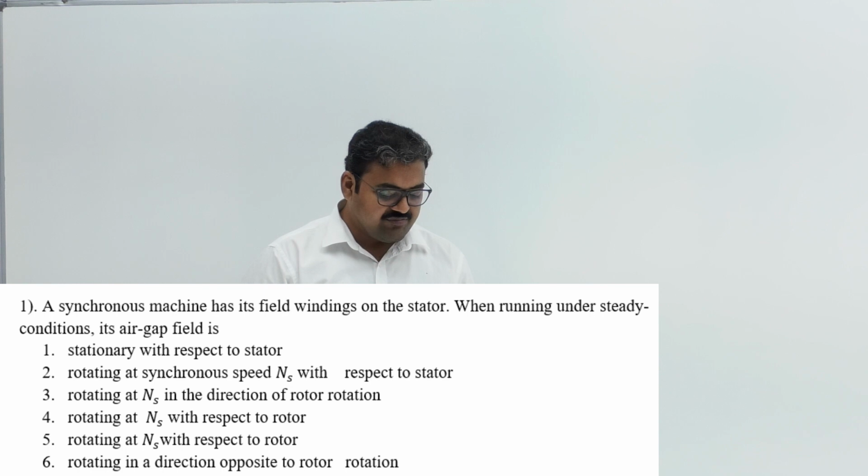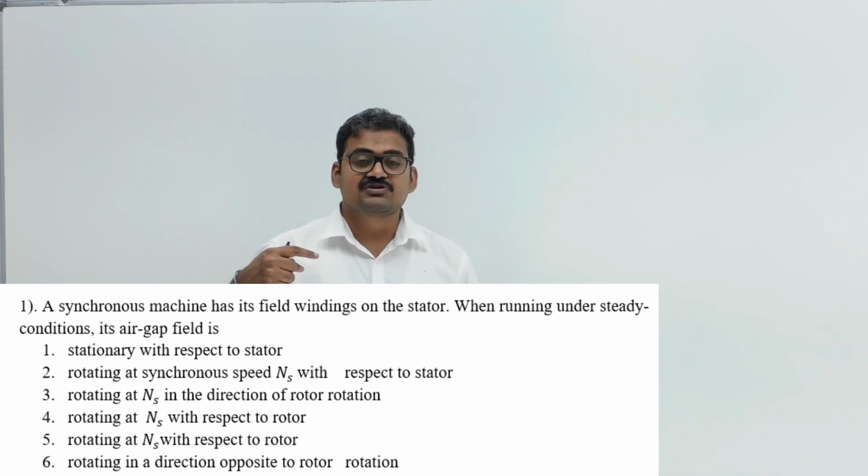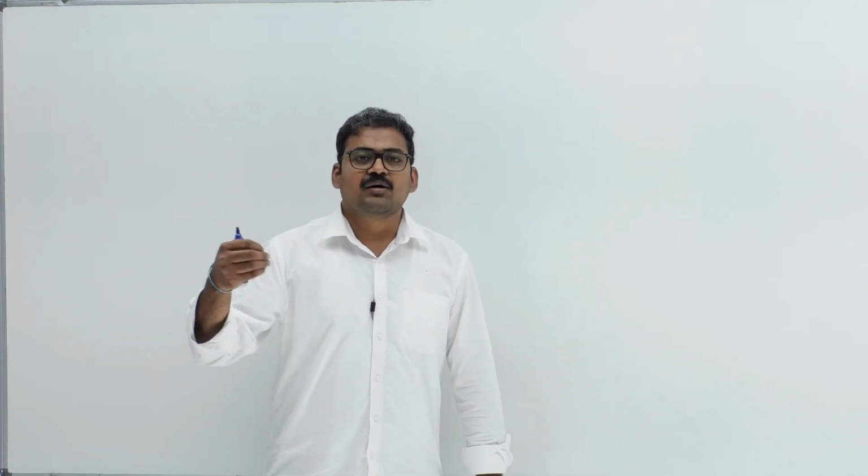But here field winding is on stator, that means armature is on rotor. Rotating armature is nothing but a DC machine, because a DC machine and synchronous machine both are same. If I remove the commutator and brush part of a DC machine, that is nothing but a synchronous machine only. So indirectly the given question is about working of a DC machine.